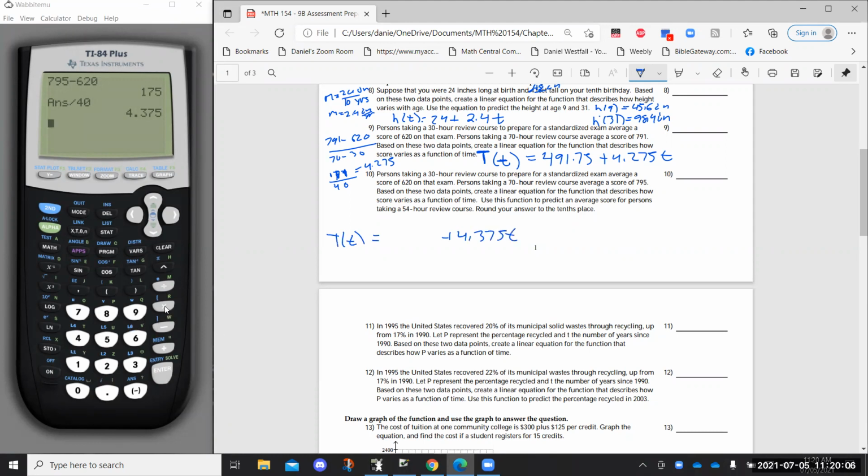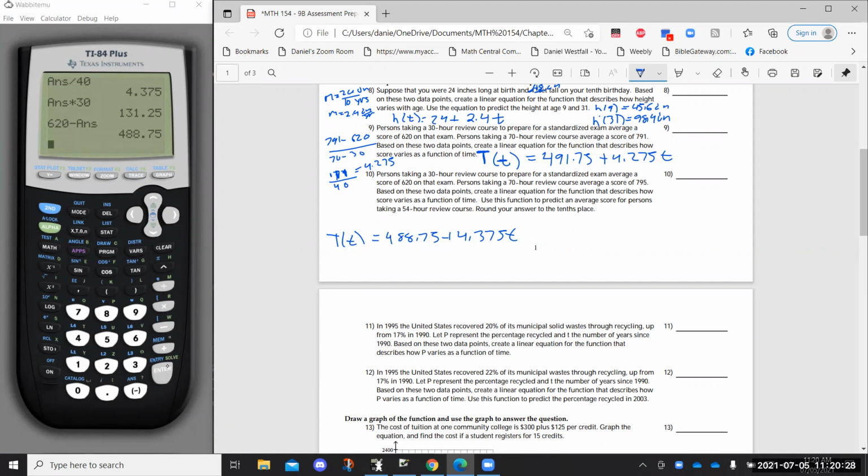Let's go back and look at that with 30 hours again. It's going to be 131.25. Take that away from my 620. This gives me a 488.75 that they're expected to get with no studying.